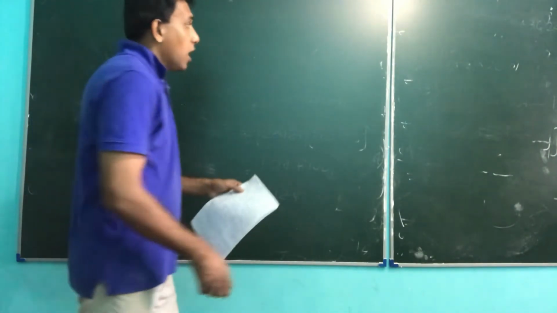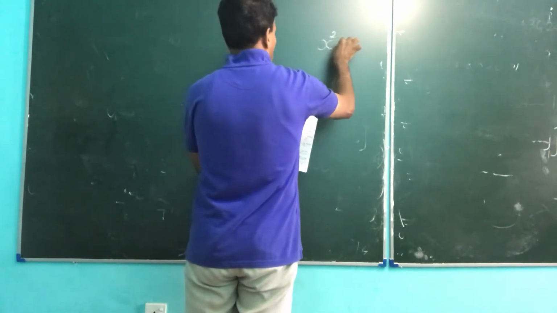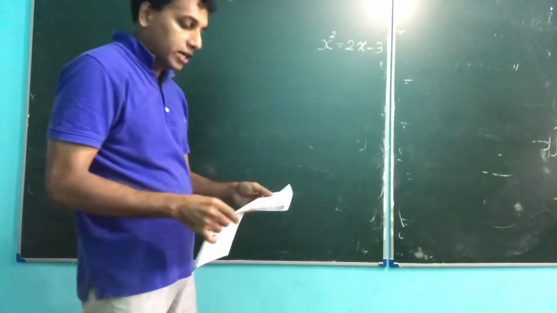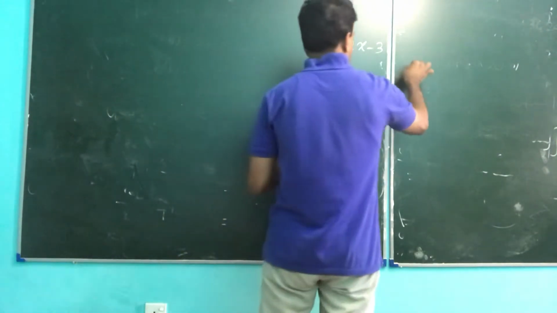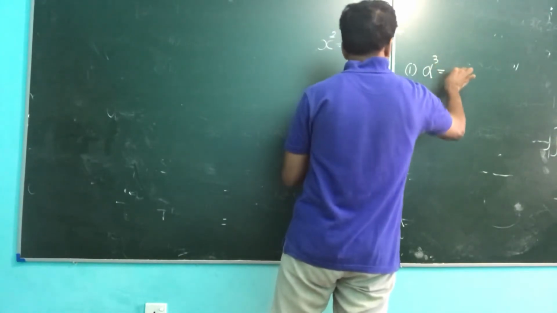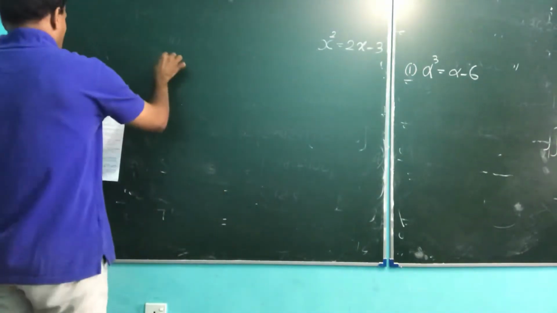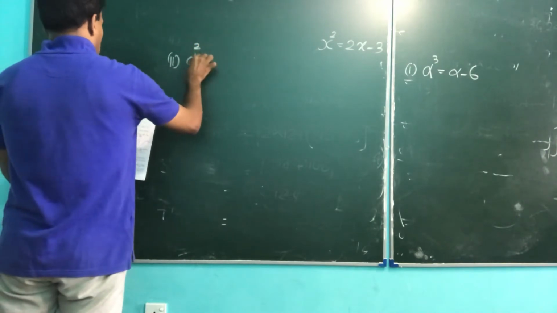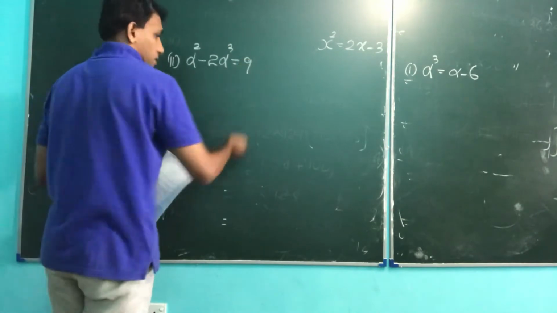Given that alpha is a root of the equation x square equal 2x minus 3, show first that alpha cube equal alpha minus 6. Another part: show that alpha square minus 2 alpha cube equal 9.